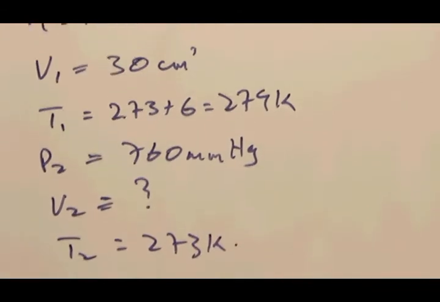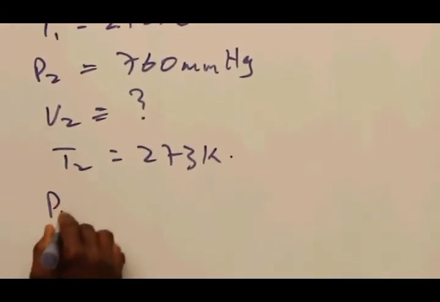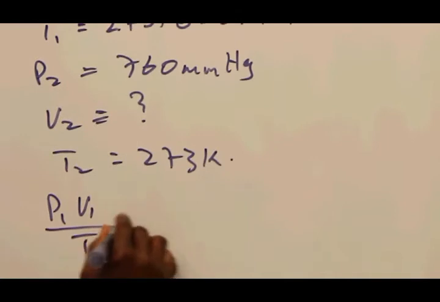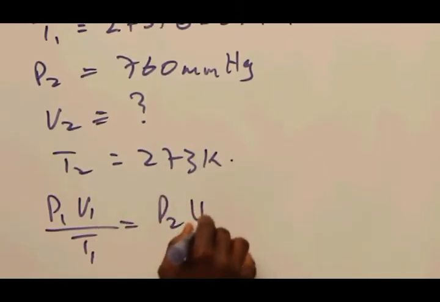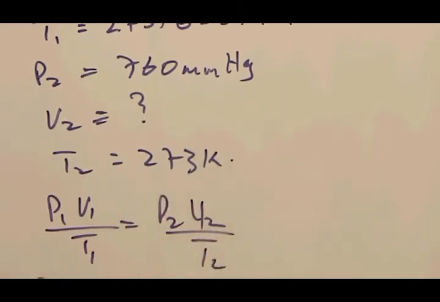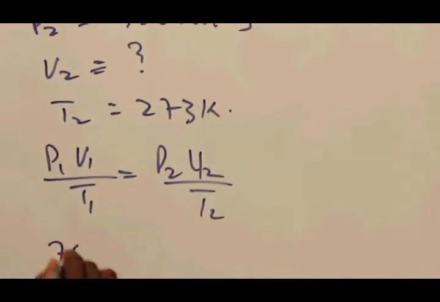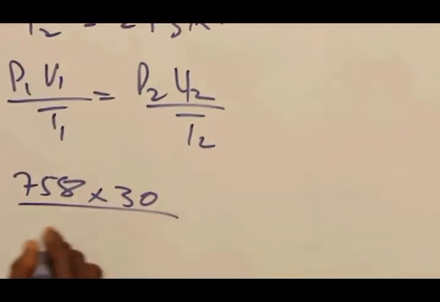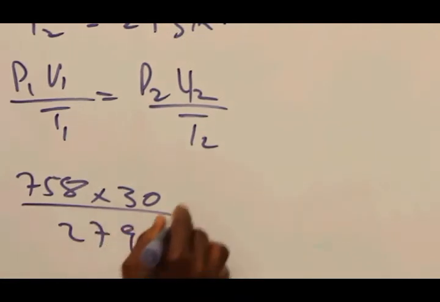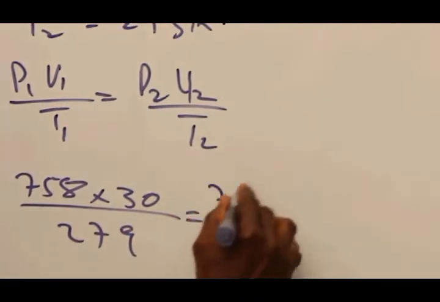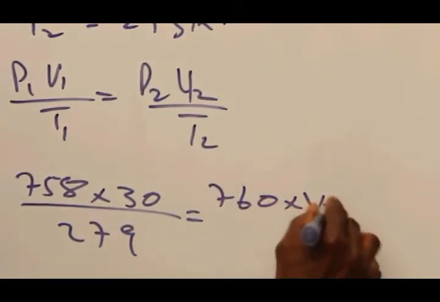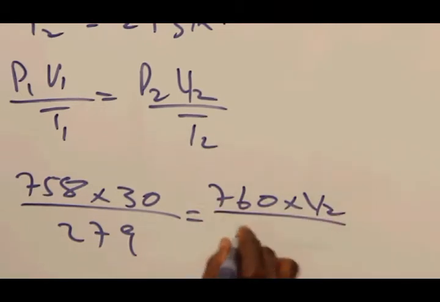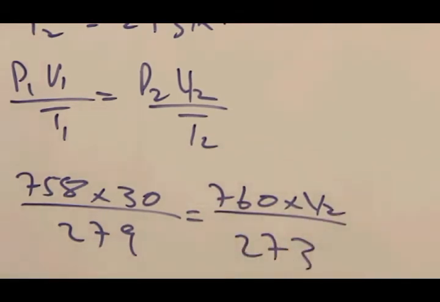So making use of the ideal gas equation, which says P1 V1 over T1 is equal to P2 V2 over T2: 758 multiplied by 30 divided by 279 is equal to 760 multiplied by V2, which is not known, divided by 273. So let's make V2 the subject of the formula.